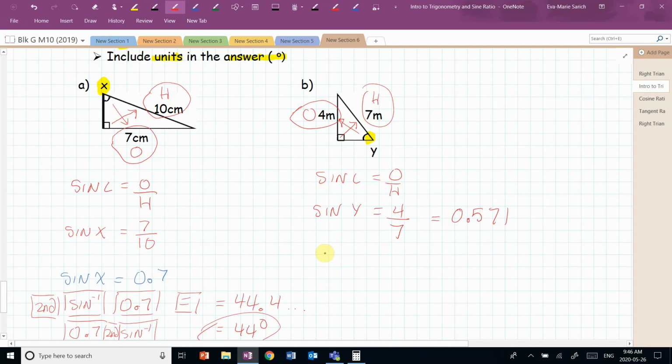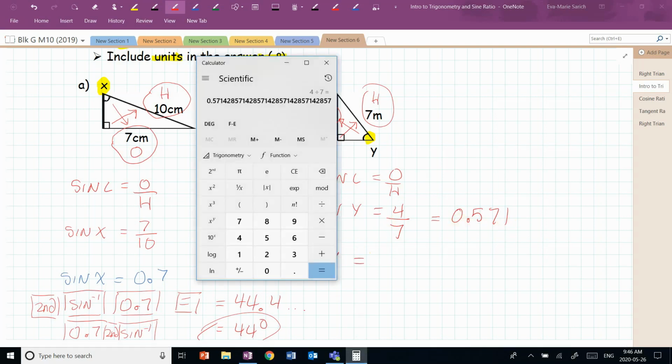So Y is going to equal the inverse sine of 0.571. So clearing my calculator. In this case, I'm going to punch in the decimal first. So decimal 571.